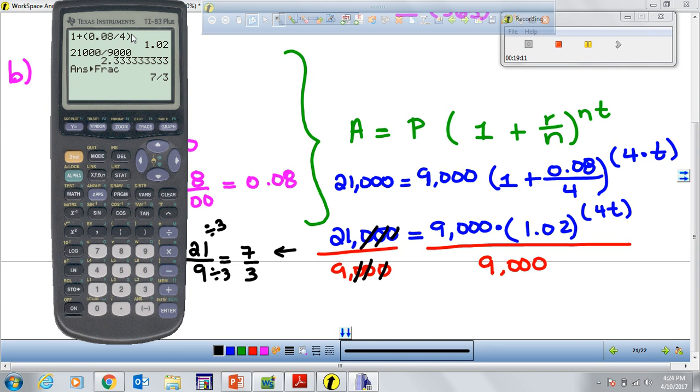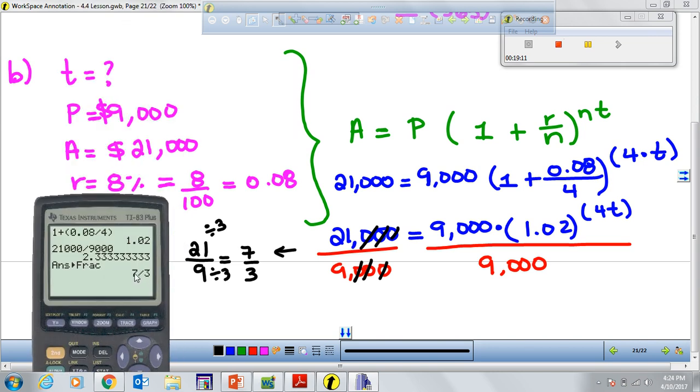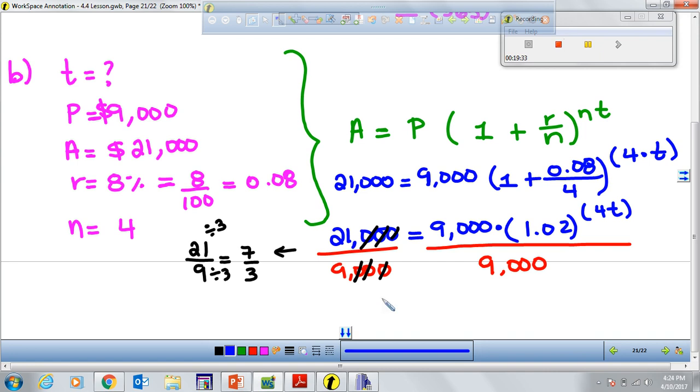Isn't it the fraction 7/3, the one that we just got here? Yes, it is. So you can reduce but still keep it as a fraction, but just don't write 2.333 or write 2.3 rounding to 1 decimal place, because that's wrong. Do not round before your final answer. So I'm going to use the fraction 7/3.